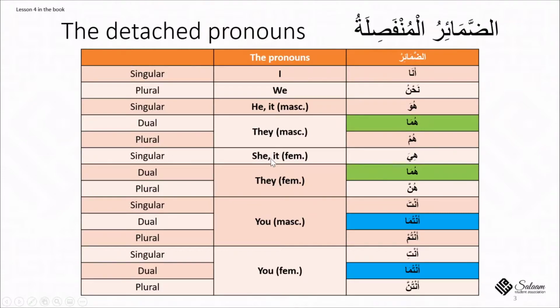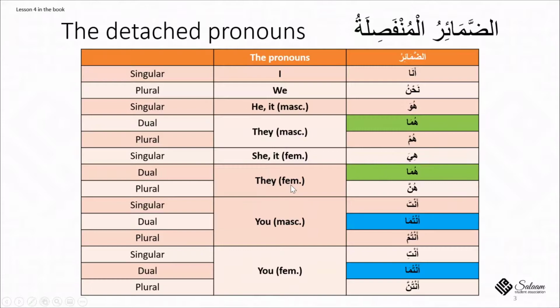She or it, if it's a feminine, هي. So هو for masculine singular, هي for feminine singular. We are going to use these mostly in this lecture, but going forward, we're going to use the rest. So it's good that you go over them now.